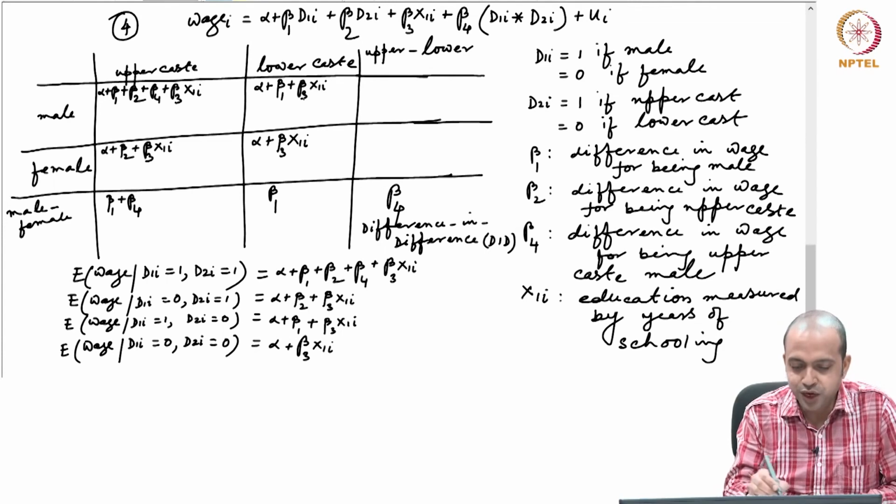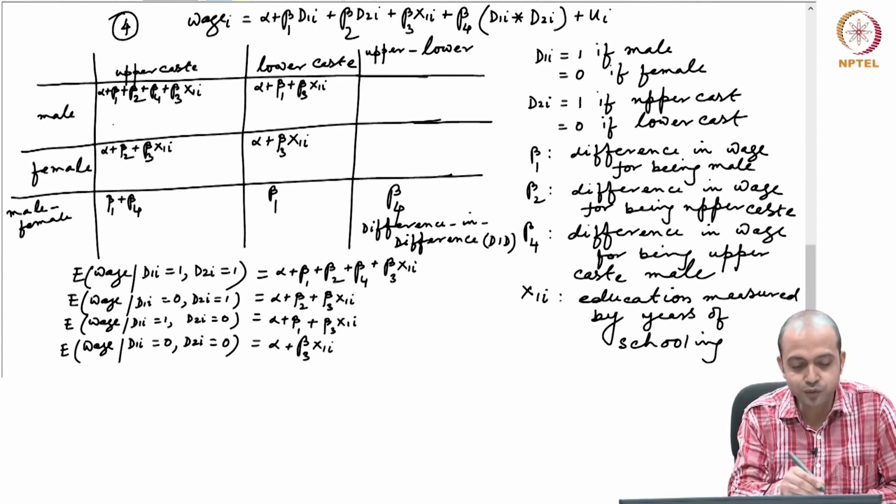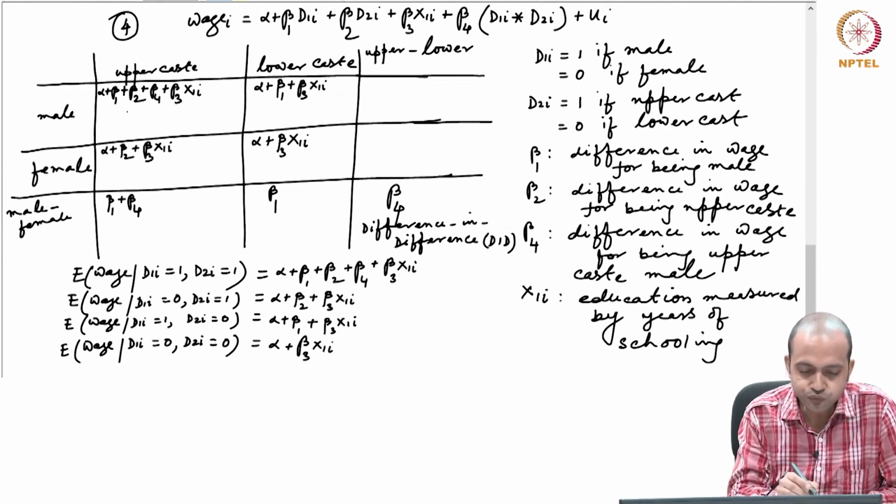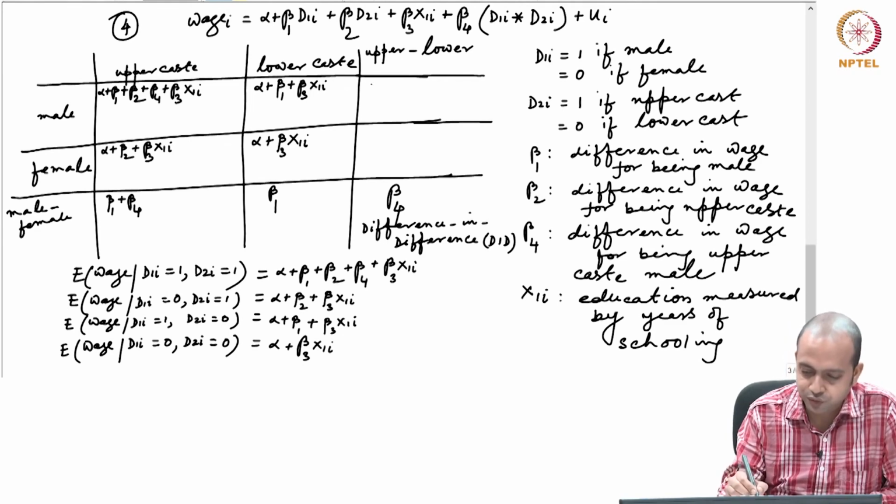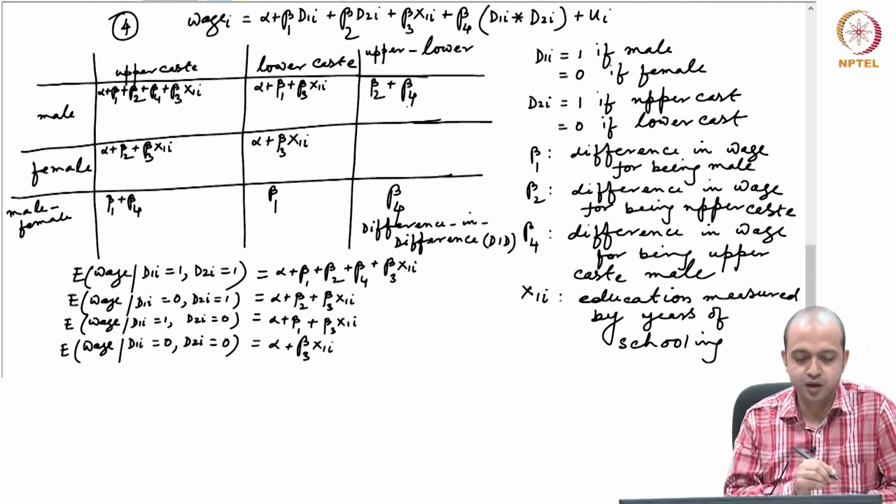So, if you take difference for upper and lower for the male, what will happen? Alpha and alpha will get cancelled, beta will get cancelled, beta 3 will get cancelled. So, you will get beta 2 plus beta 4. So, this is beta 2 plus beta 4.